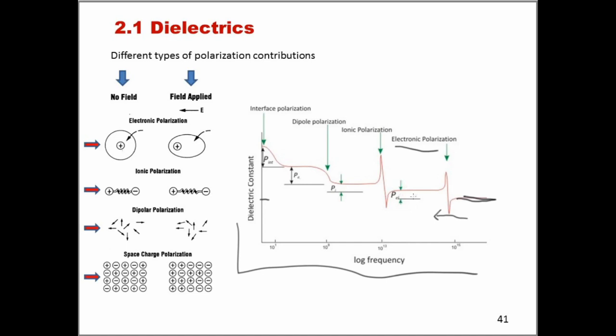So they are the first that can respond to this very high frequency electric field applied to the device. And so we have a first contribution to the total polarization, and this is due to the electrons. As we keep decreasing the frequency, something else may start responding, and this is ionic polarization.